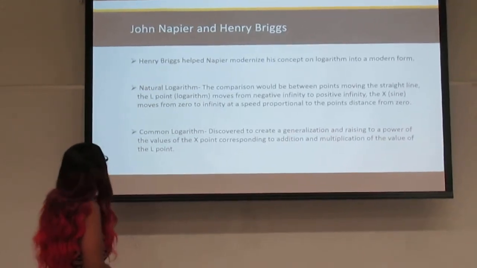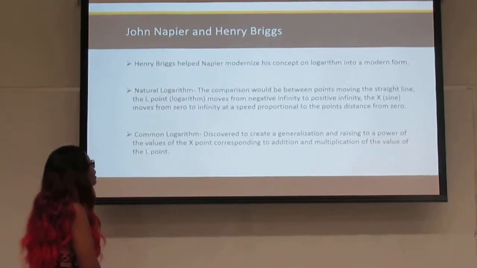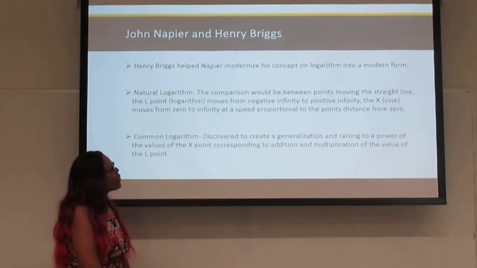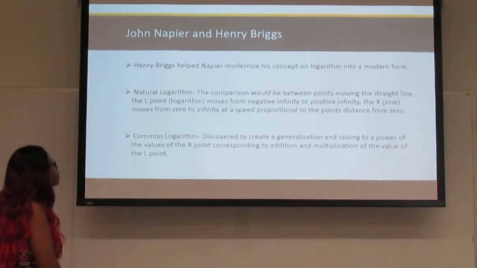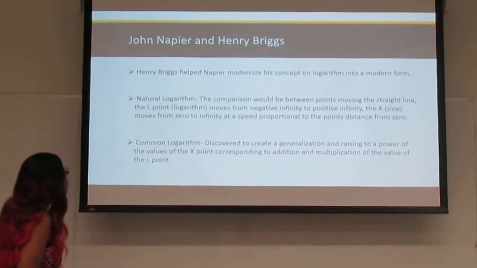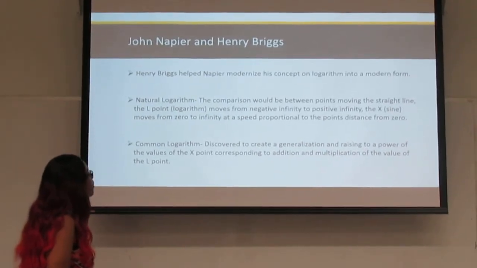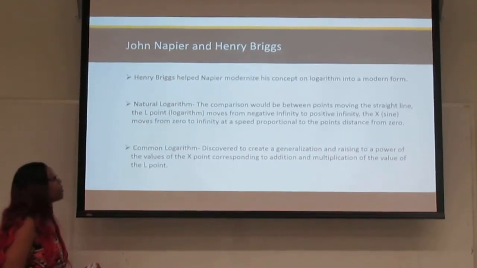The X point, which is the sine, moves from 0 to infinity at a speed proportional to the point's distance from 0. Common logarithm was discovered to create a generalization and rise to a power, with the values of the X point corresponding to addition and multiplication of the values of the L point, which again is the logarithm.